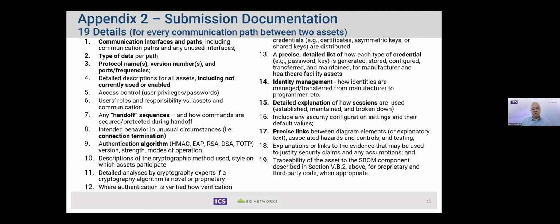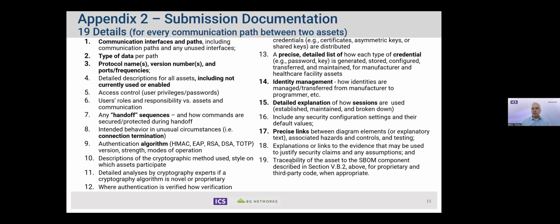overlooked areas is what I would call them. So detailed description for assets, including not currently used or enabled. So if you have some chips, FPGAs, libraries, and you're not using that functionality, that's still obviously a threat within the system or a vulnerability within the system that threats can access. Other overlooked areas, handoff sequences.